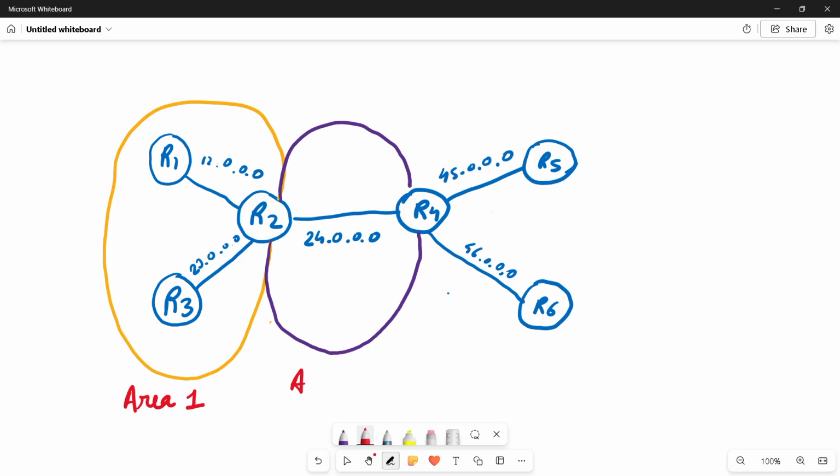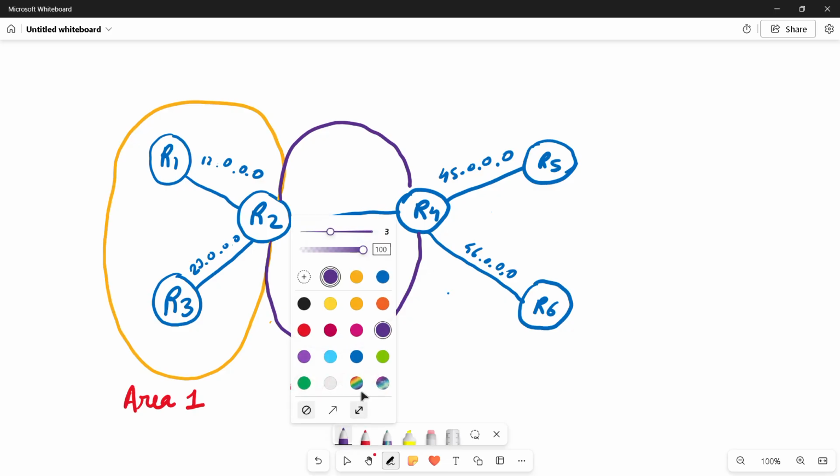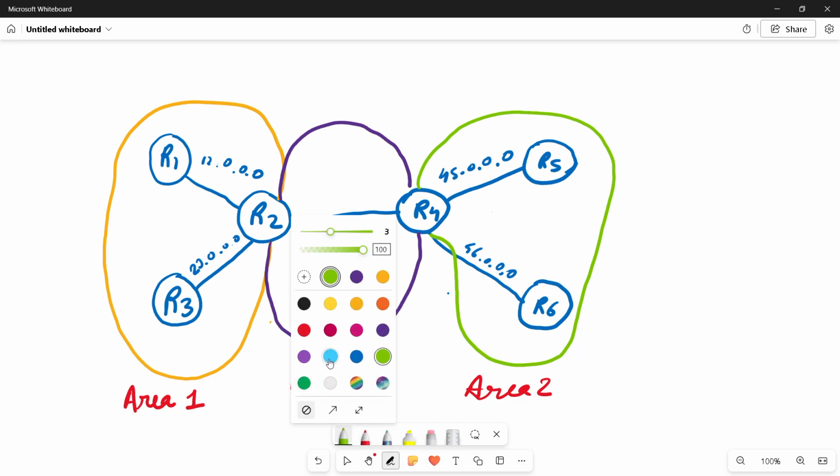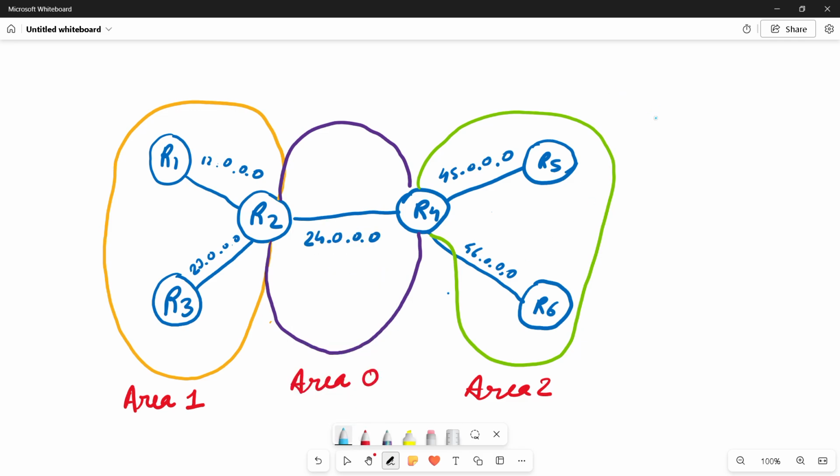This is our area 0, our backbone area. And this is our area 2. Okay, so as you can see, we have two ABRs in this situation. The very first is R2, and then we have R4.